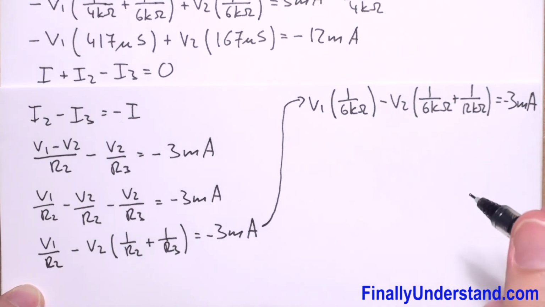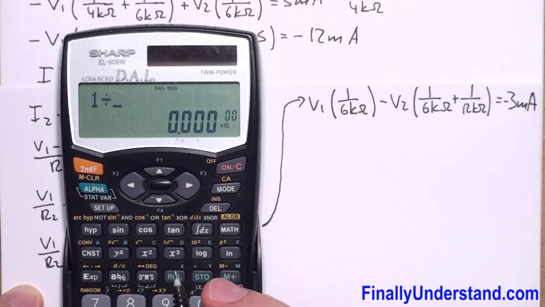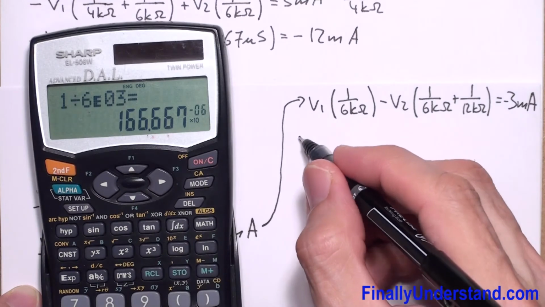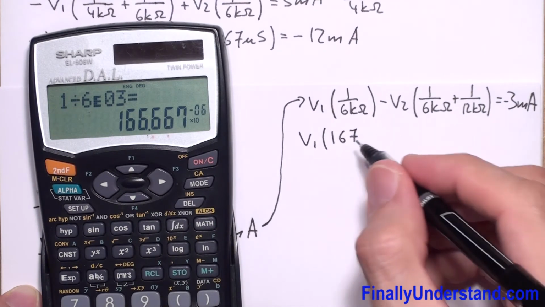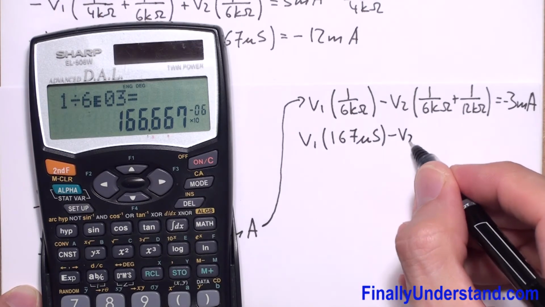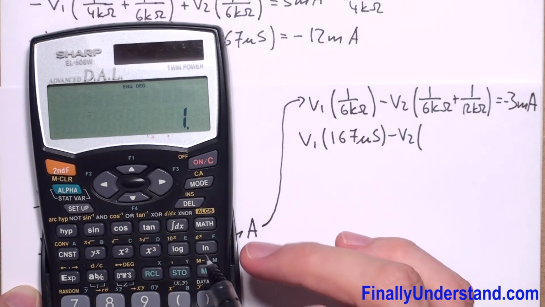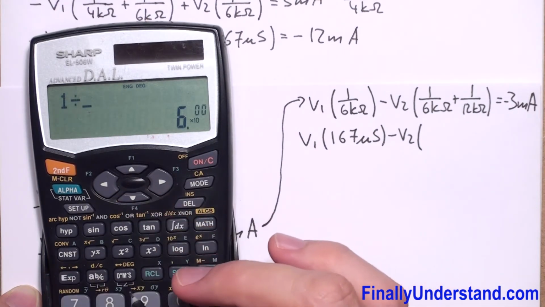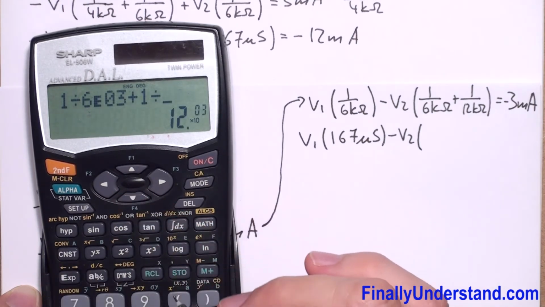Next I'm supposed to use the calculator, and I have 1 divided by 6 exponent 3 is equal, so I have V1 is 167 microsiemens minus V2, and I have 1 divided by 6 exponent 3 plus 1 divided by 12 exponent 3.